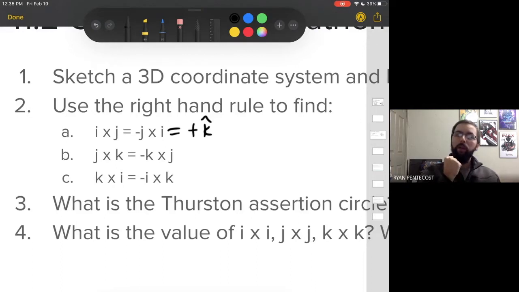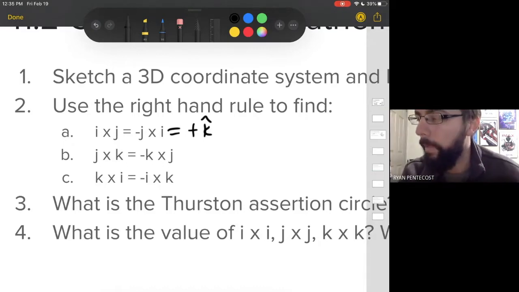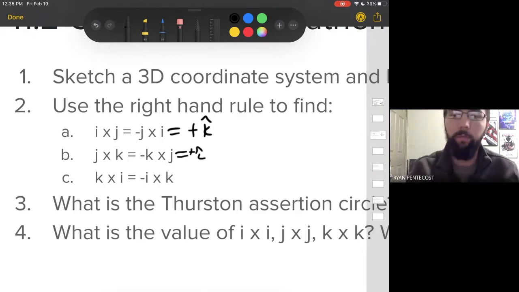Negative k is away from you. And yeah, that's right. So j, k, I, then you have negative k, j, and then I as well. Okay, so these both equal positive I. So we will put that down. That is positive I, right?